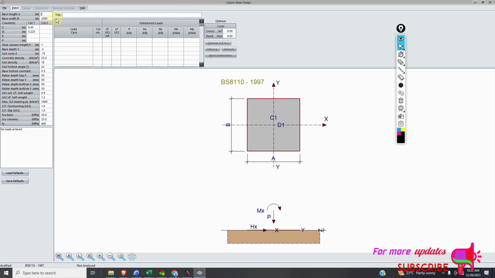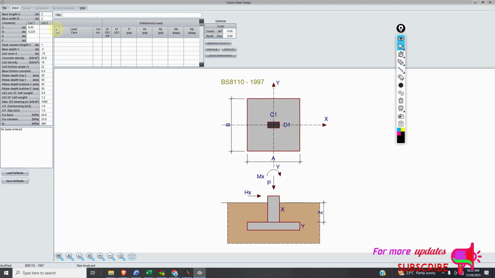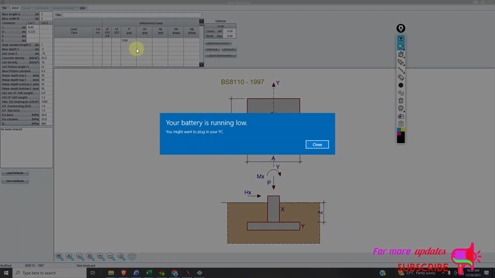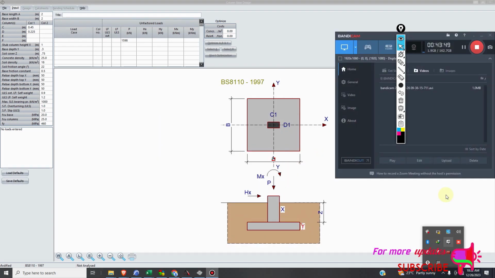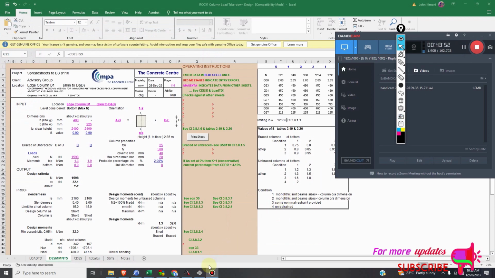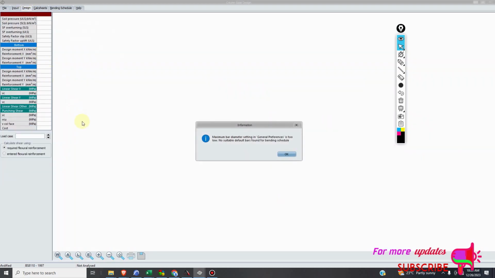So this one is 2 by 2 because it's 9 meters. Then 2 meters is being 200 and something. So the kilonewton is 1598. P is 1598. In case one column is wrong. So I'm going to design.